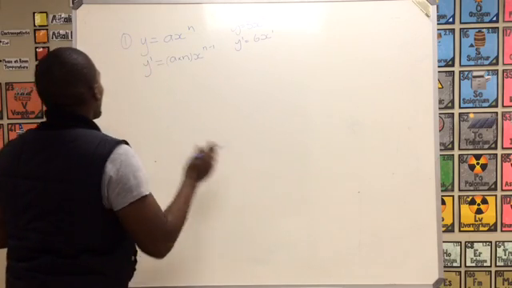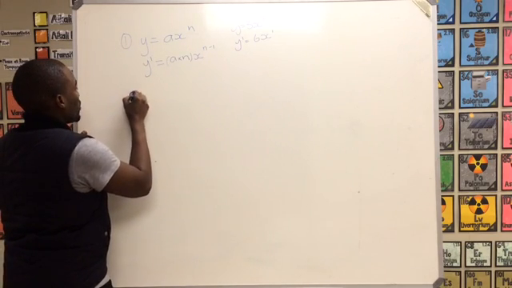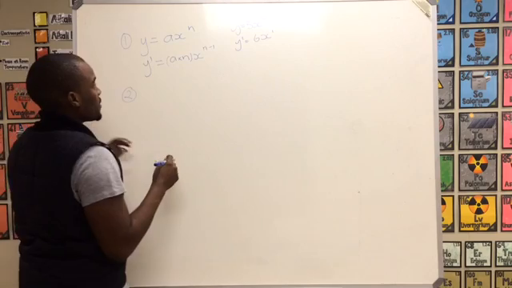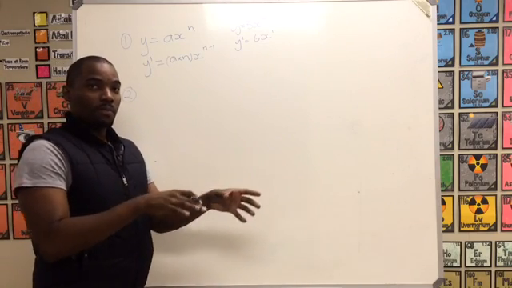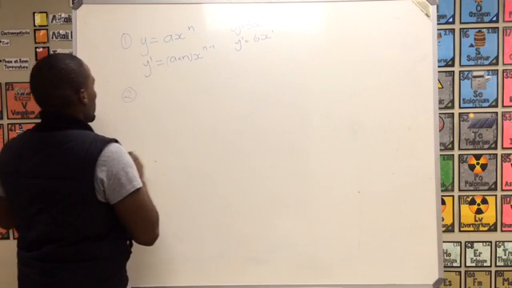Okay? Let's look at a few more rules about differentiation. So then, what we can see as well is the derivative of a sum is equal to the sum of the derivatives. Let me show you what I mean by that.